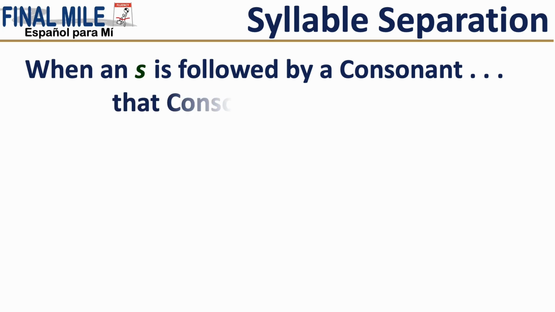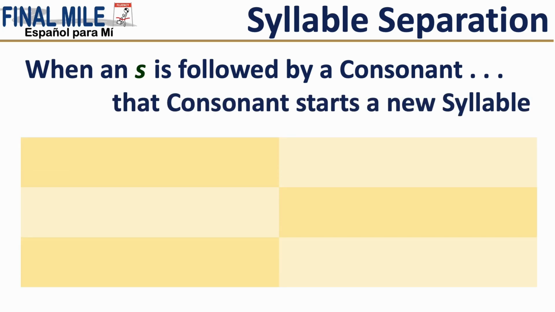When an S is followed by a consonant, that consonant always starts a new syllable. Okay, these are just tips that you can apply so that you can quickly do this. So, why is that? If an S is followed by a consonant, we will separate that, because if we were to separate it here, we would end up with this combination, STA.